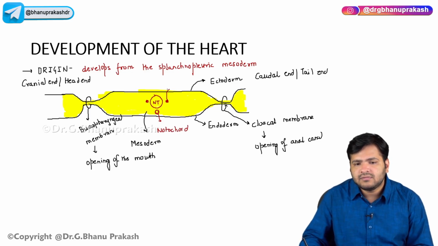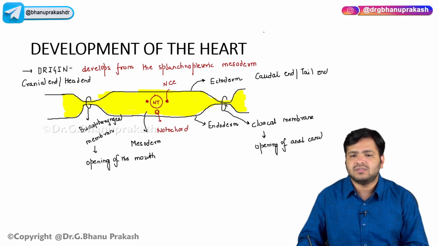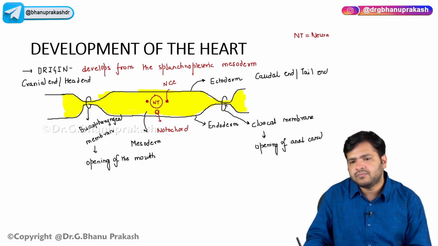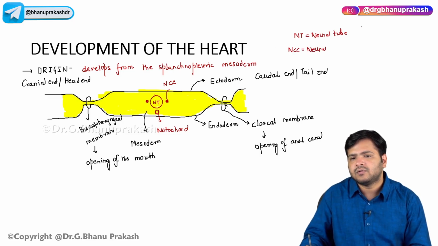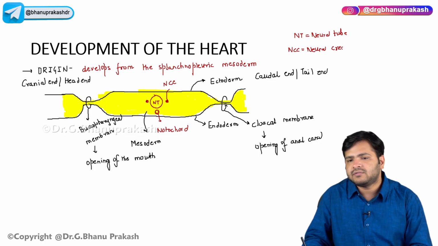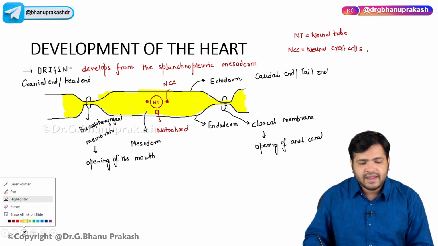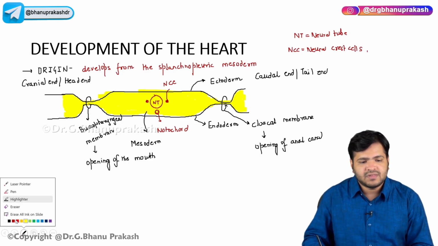NT stands for the neural tube, and NCC stands for the neural crest cells. Now, at the sides of this neural tube, we have the mesoderm.